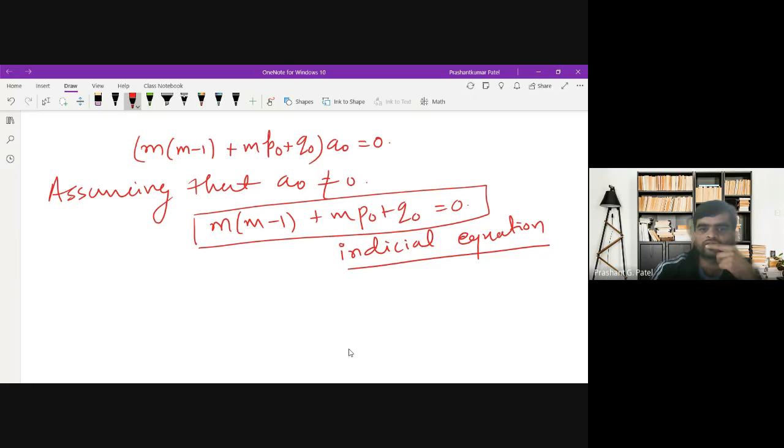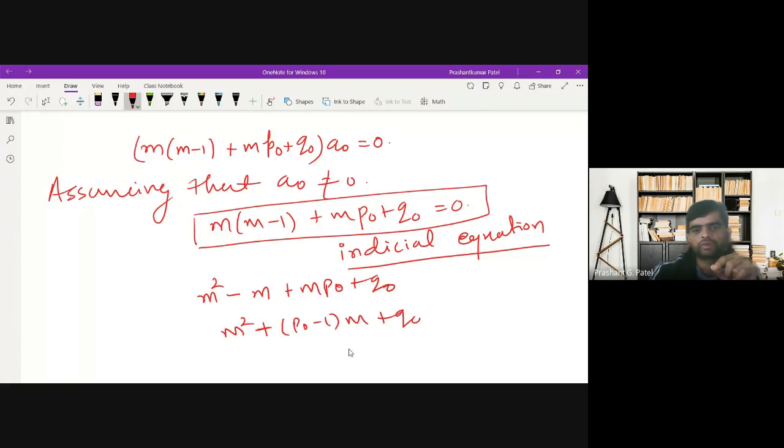And this is actually a quadratic equation in terms of m. Why it is a quadratic equation in terms of m? Because it is m square minus m, you will have plus m p0 plus q0. So this is of the form m square plus p0 minus 1 m plus q0 equal to 0.